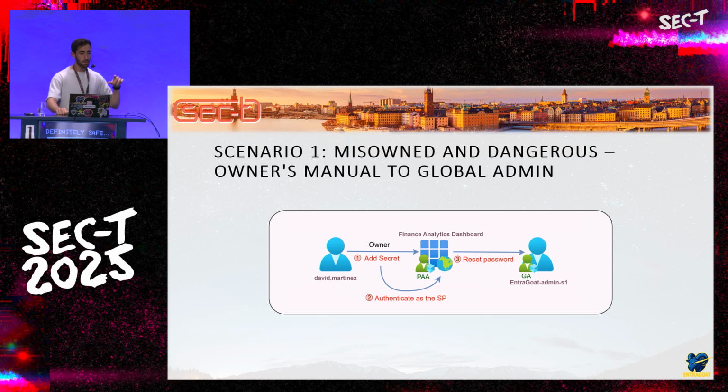And you know what? Maybe let me take a step back and explain why this is even possible. Because it's an application, you should not be able to log in with it to Entra ID, right? So Entra ID behind the scenes has two objects, two identities for an application. One is called application registration, which is basically the configuration, the blueprint of the application itself.